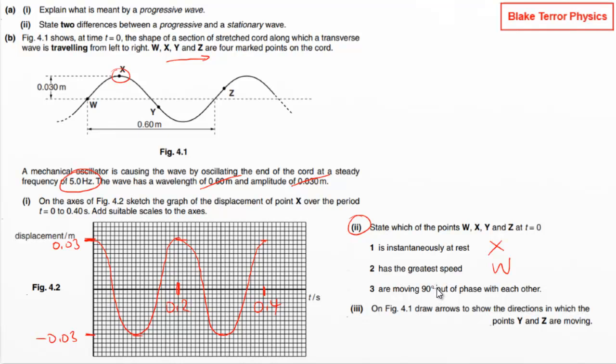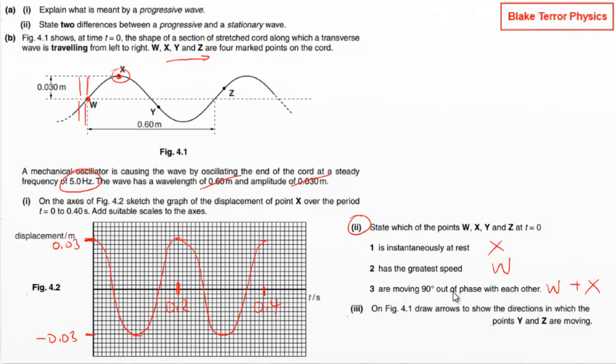So we need to be a quarter of an oscillation out. Well, W and X are a quarter of an oscillation out, because an oscillation is up, back, down, back. So going from W to X, that's a quarter. So W and X. Y and Z don't even come into it, which is probably where they're trying to confuse people.